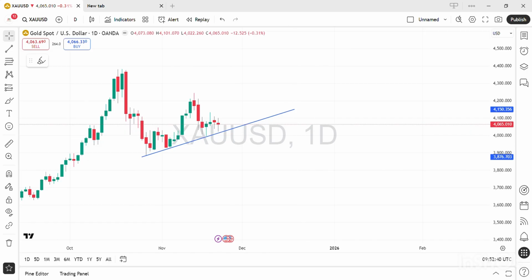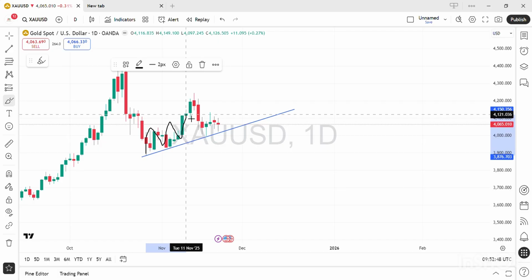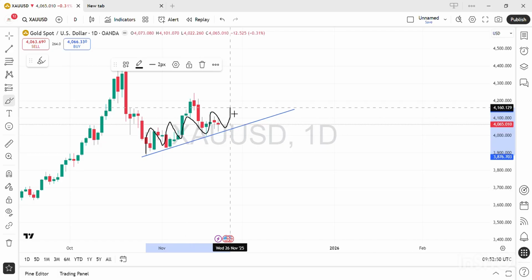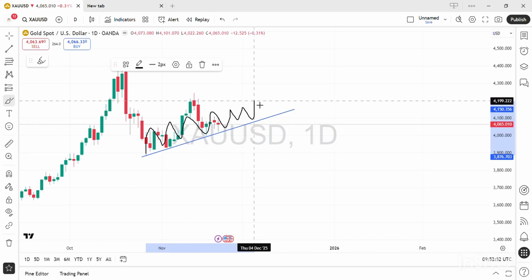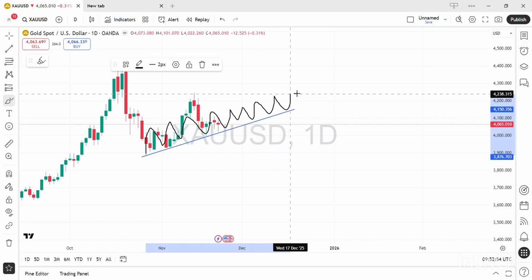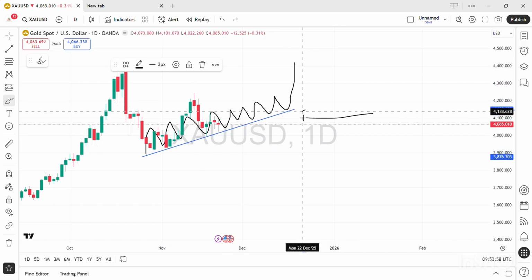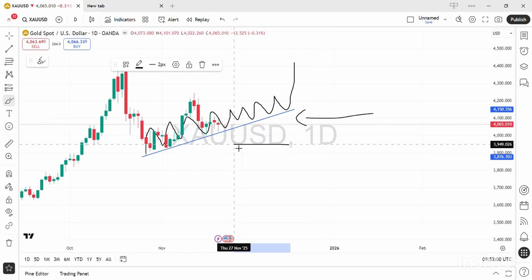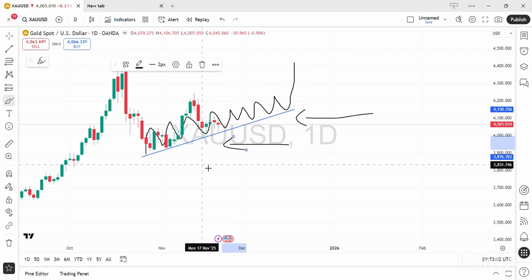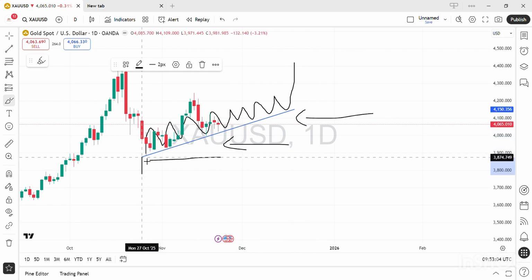So here you can see the market is going to test this trend line just like that and going up. If you will remember, it is very similar to the ascending type of triangle, because in which every new low the market makes will be higher than the previous low. That's why it is known as an ascending type of trend line.